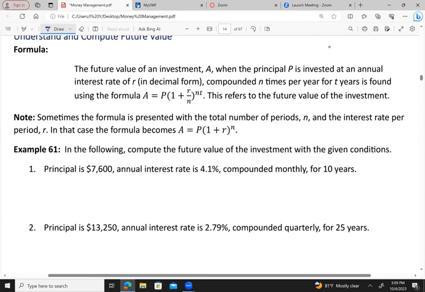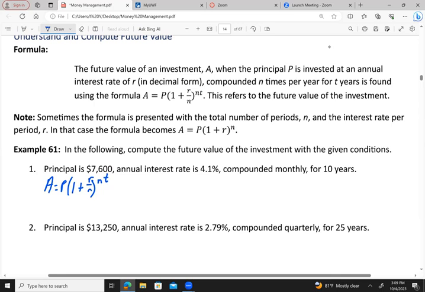Now, compute the future value on the investment with the given conditions. So we have a principal of 7,600, annual interest rate of 4.1%, and compounded monthly for 10 years. So looking at this formula here, we have A equals P times 1 plus R divided by N, to the NT power.